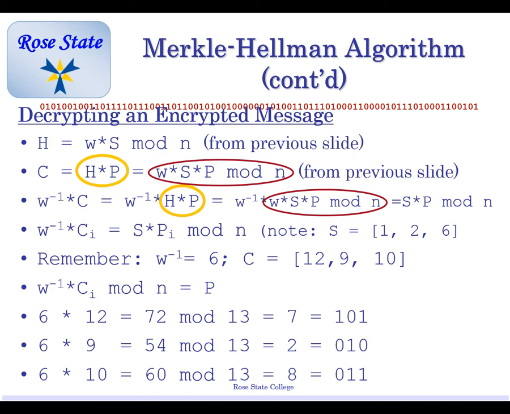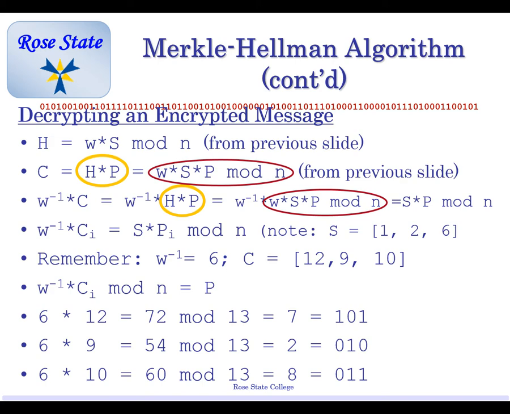Okay. So remember we calculated the inverse of W. Everybody got that? Remember we had our ciphertext, the 12, 9, and 10. So we use the multiplicative inverse of W, which is 6, times the first ciphertext value, mod N, gives us our plain text. Okay. So 6 times 12, because 12 is our first ciphertext value.